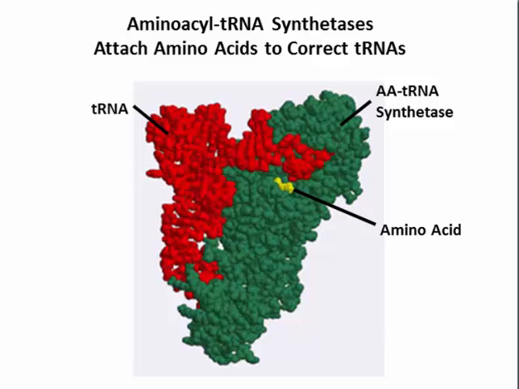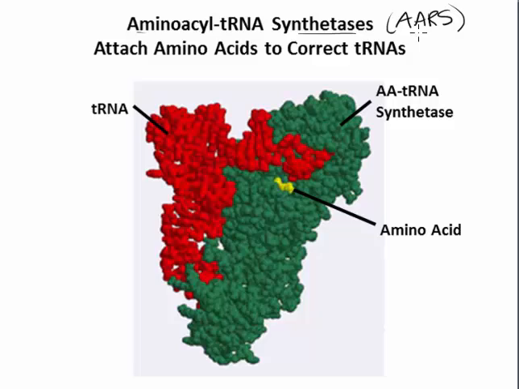As you might imagine, a tRNA is not just going to bump into an amino acid in the cell and become covalently linked to it. There's a class of enzymes that are responsible for catalyzing that covalent bond formation. And those enzymes are called aminoacyl tRNA synthetases, or AARS for short, aminoacyl RNA synthetase.